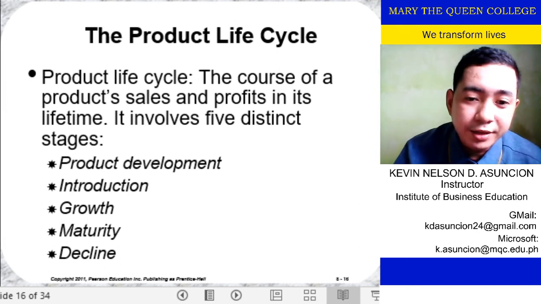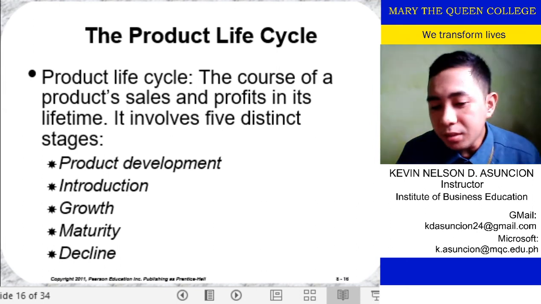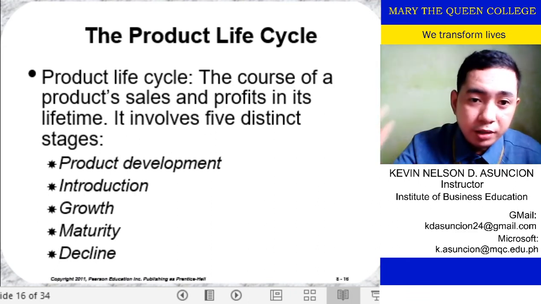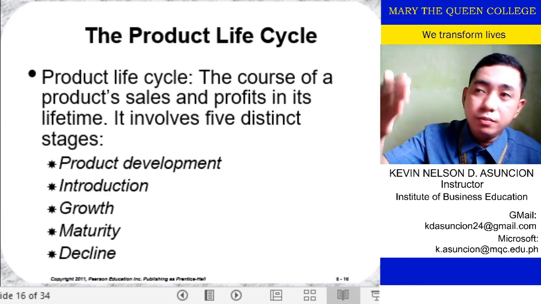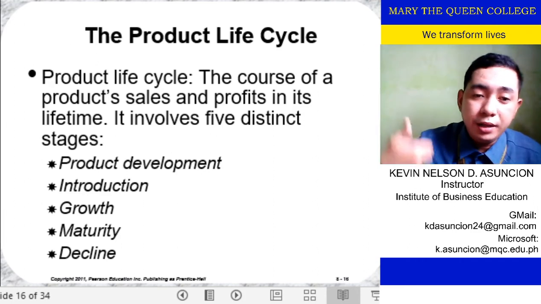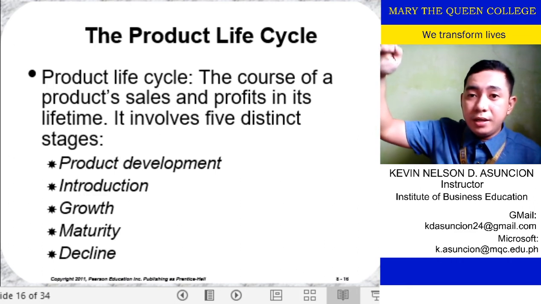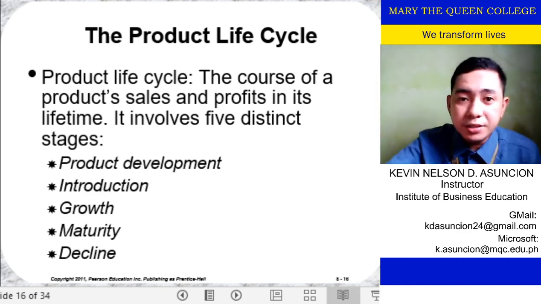Of course, another challenge yan ng marketer, yung hindi umabot ng decline, no? Ganun din sa buhay, nabuo ka, that's a product development, and you get to introduce na bata, and then you grow, then you mature. Darating yung time na hihina yung energy mo. No, that's the same thing.